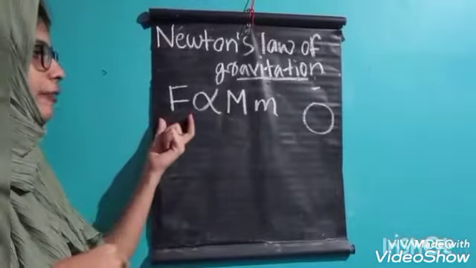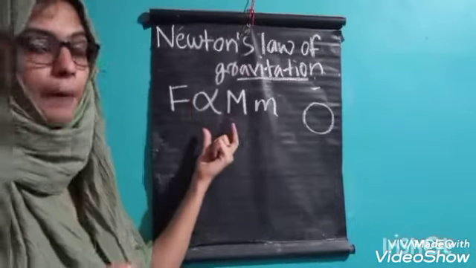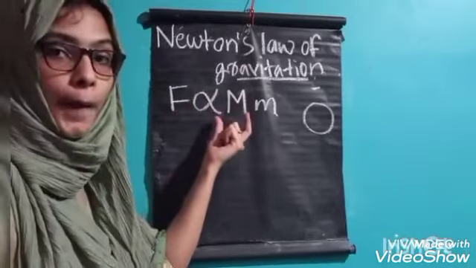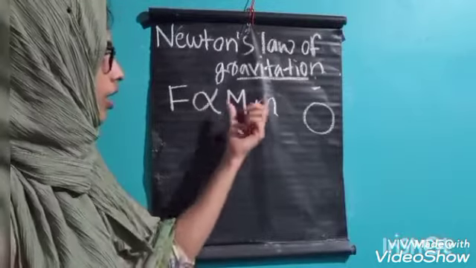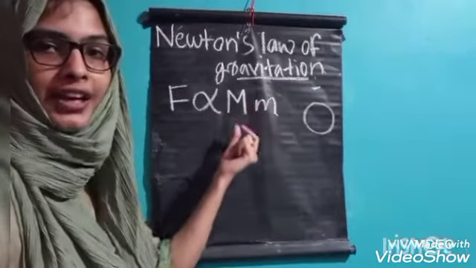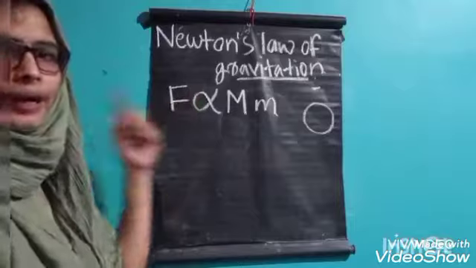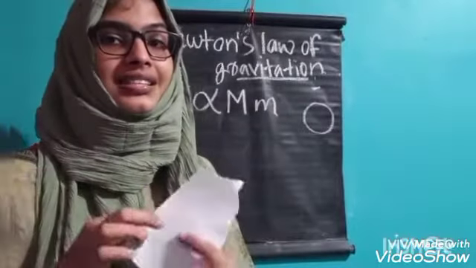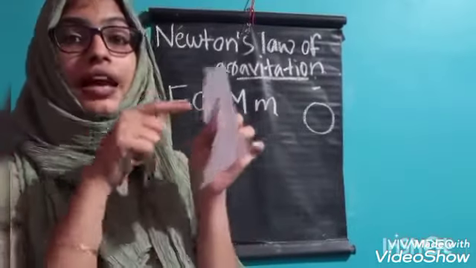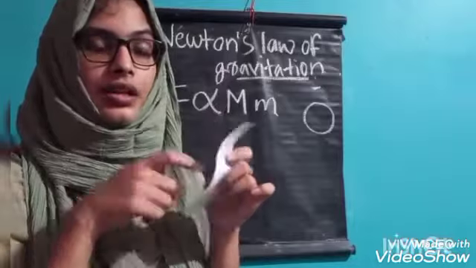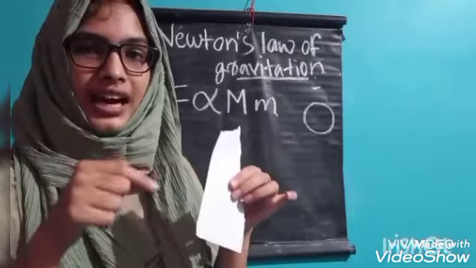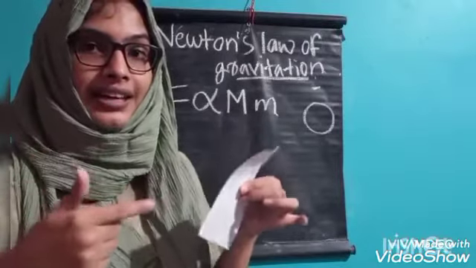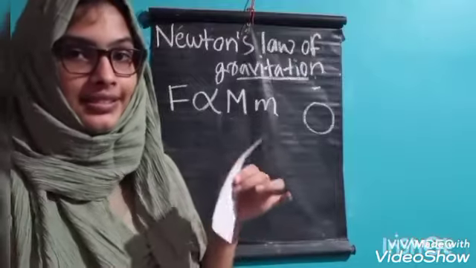So the force of attraction is directly proportional to the product of their masses. Why is it directly proportional? I already said that when mass increases, the attraction increases. Paper has less mass, so its force of attraction with the earth is very less.